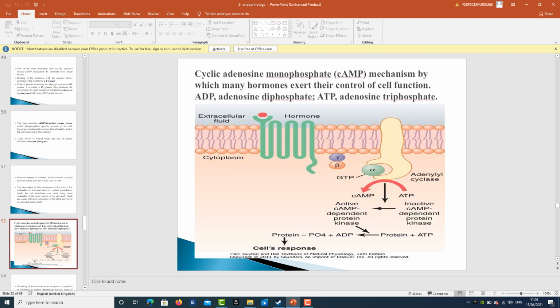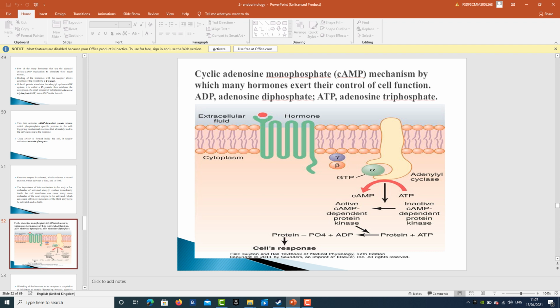This is the cyclic AMP mechanism by which many hormones exert their control of cell functions. ADP is adenosine diphosphate, ATP is adenosine triphosphate. See how the protein kinases are activated, leading to protein formation, which ultimately leads to the cell's response.